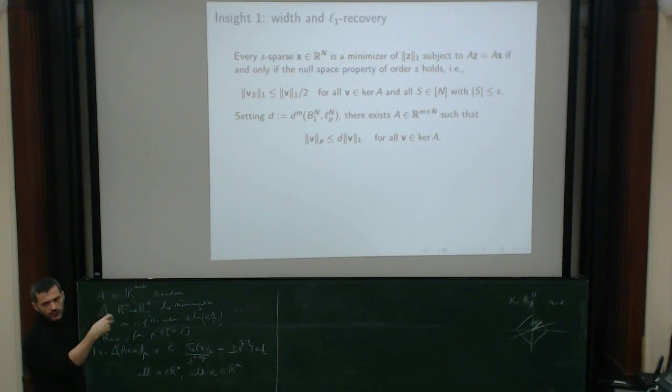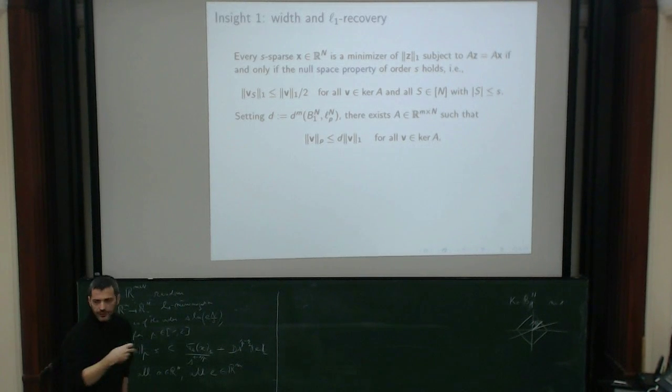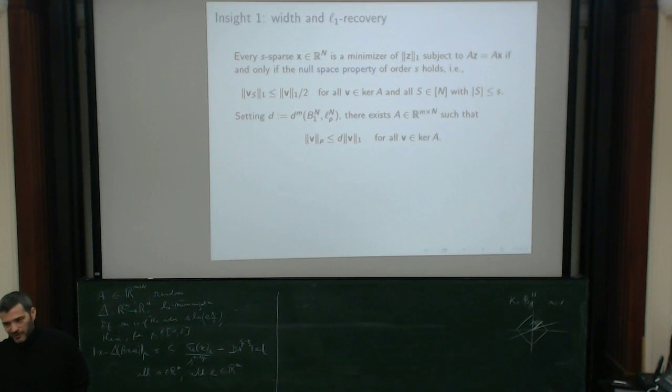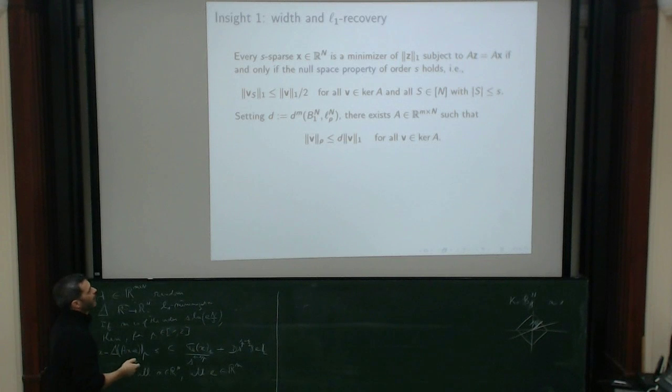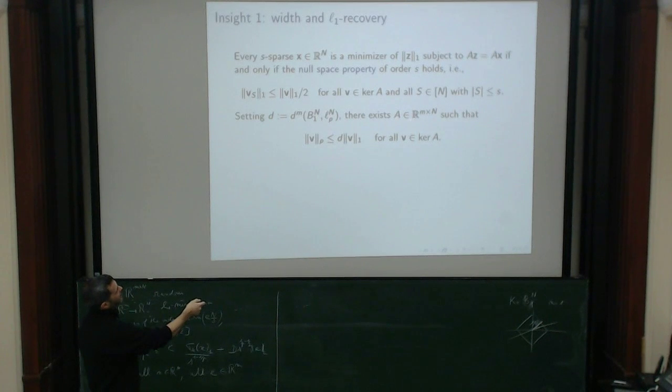Because this width is the minimum of A, it is really the infimum, but in fact it's a minimum. We can take a matrix such that I identified basically this minimum space of codimension n with a null space of A. There's no real problem in doing that.